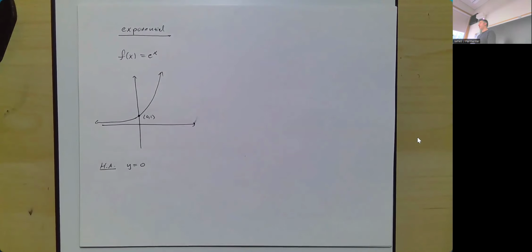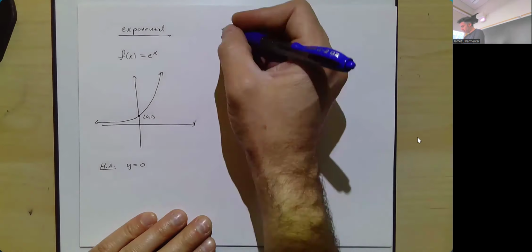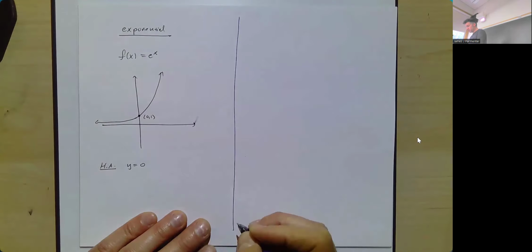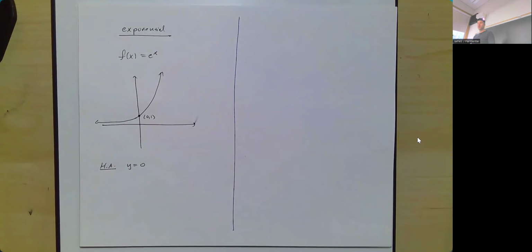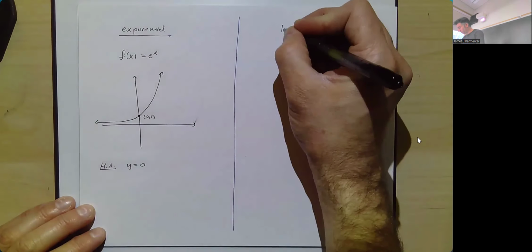I'm not going to write it down, but I am going to note the domain is everything, and the range is all positive numbers. On the other side of things, literally the inverse function is the logarithmic function.